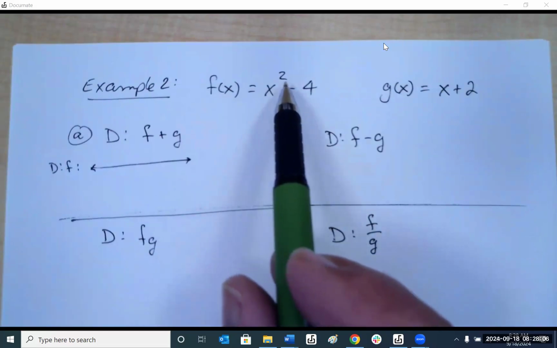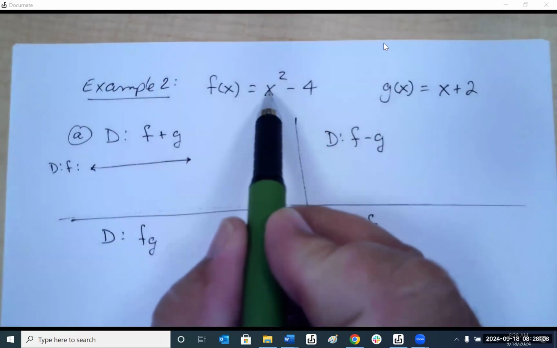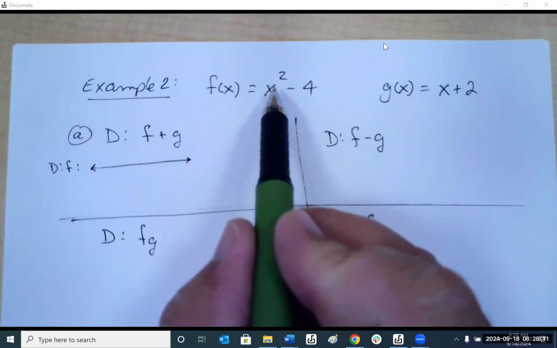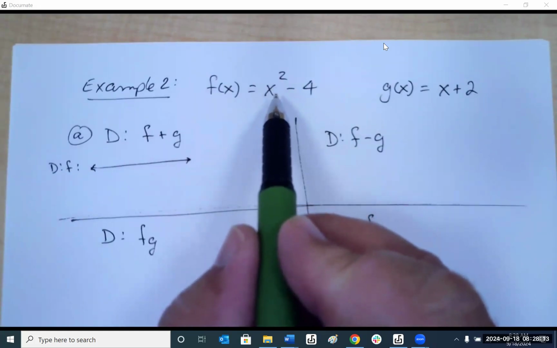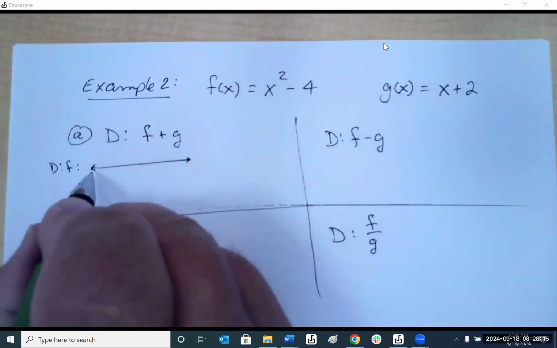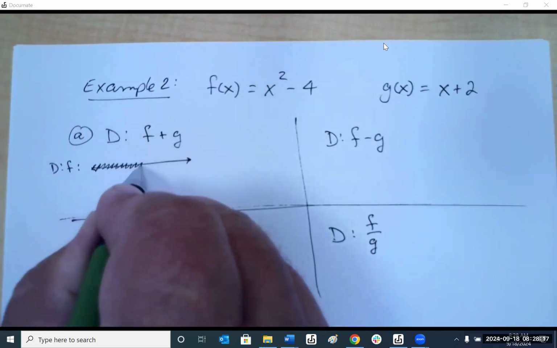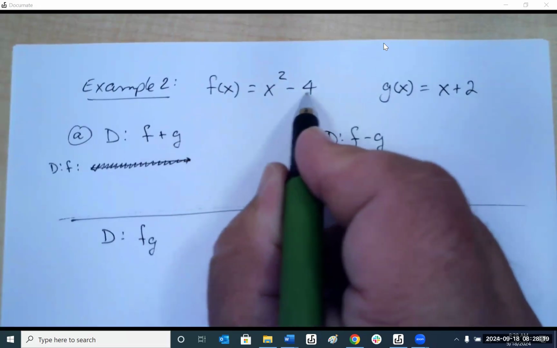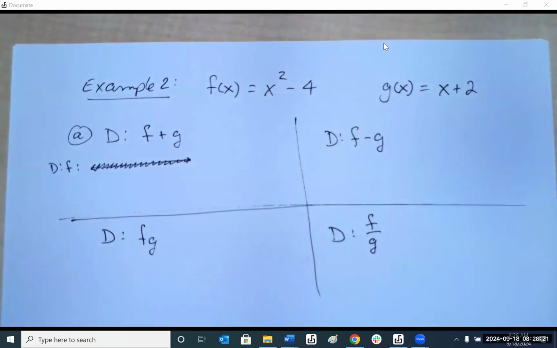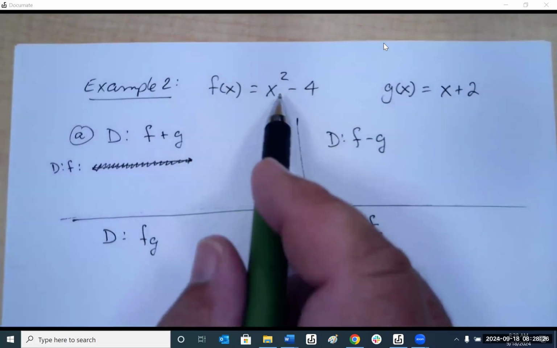Quadratic. So for the quadratic function, the domain is what? Negative infinity to positive infinity. It's all real numbers, right? All this -4 does is move the graph 4 spaces down, because it's not inside the x.